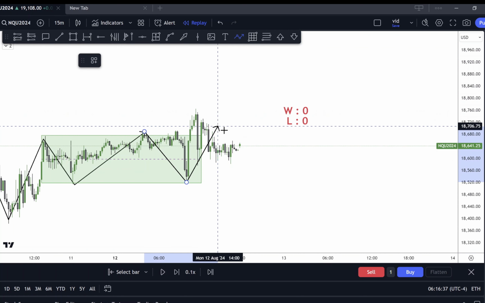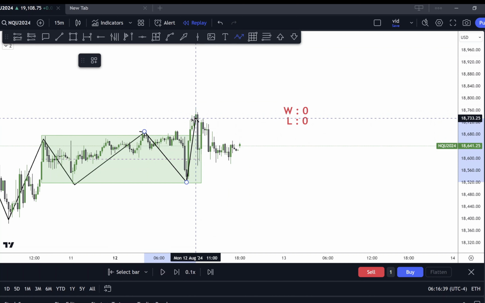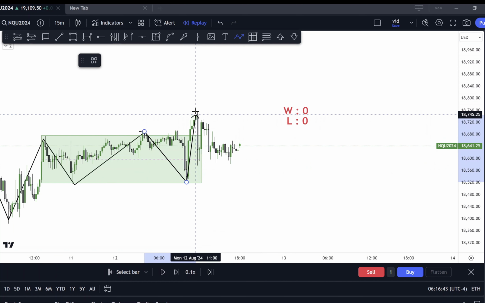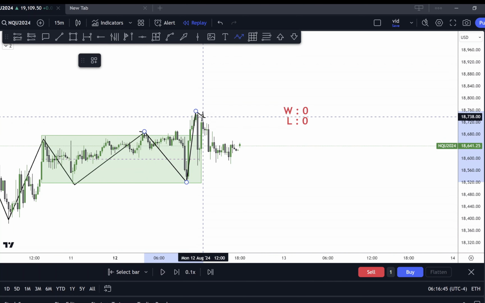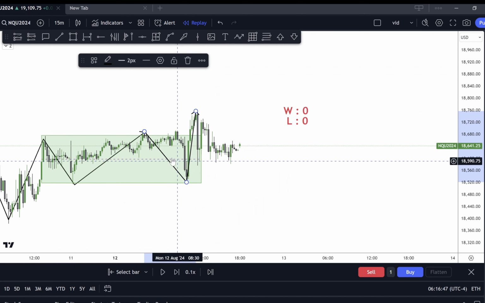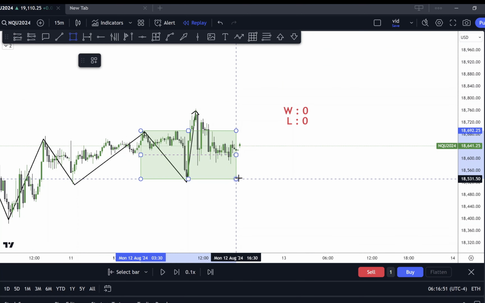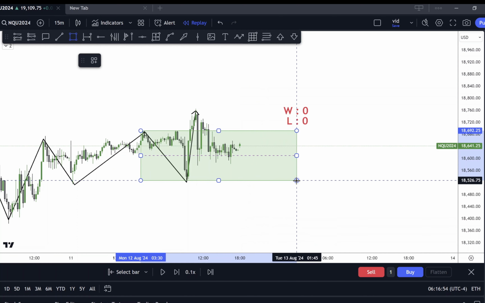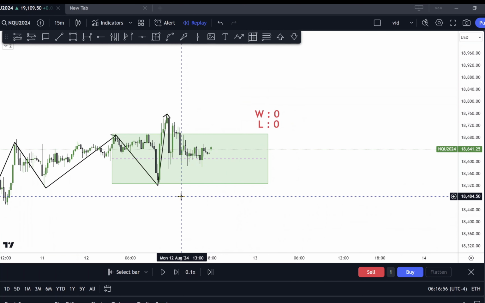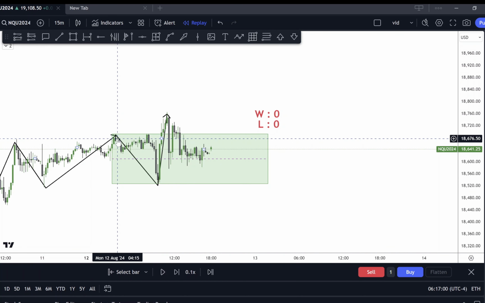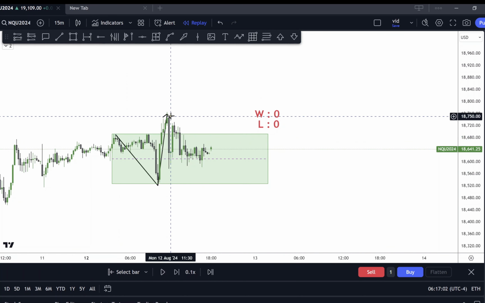Okay, then the moment we close under this bullish candle, we have our valid pullback. Okay, which makes this now our last valid bullish zone. Okay, so we were bullish in the M15.